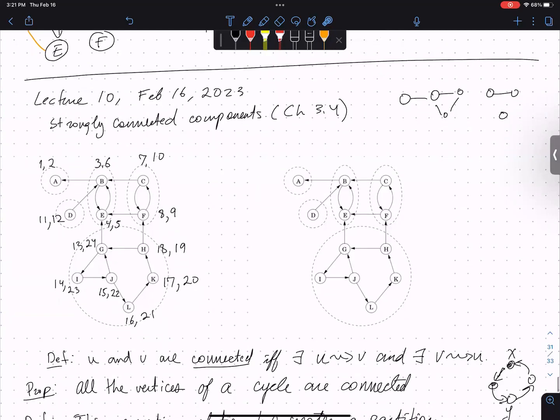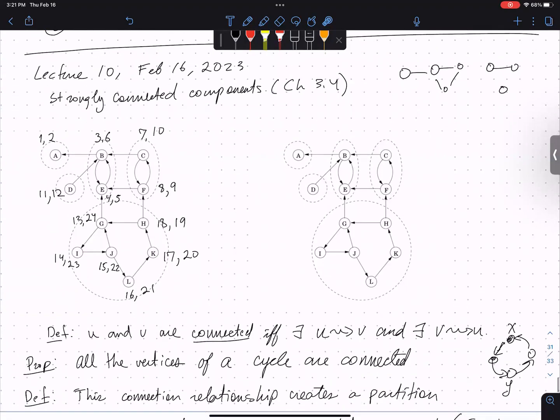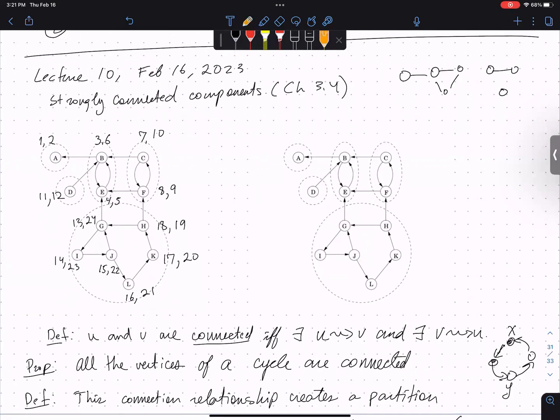It's Gij, right? Okay, why isn't Gij a strongly connected component? Because it's a cycle, so everything within it is connected. Let me be specific. What if I told you that these were the strongly connected components?